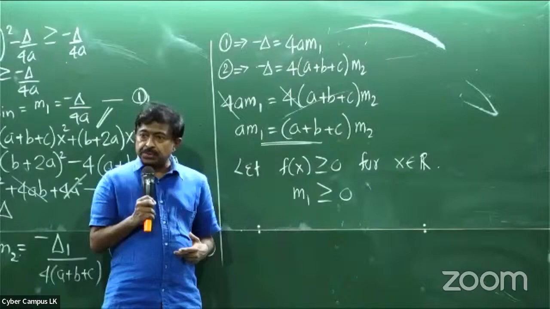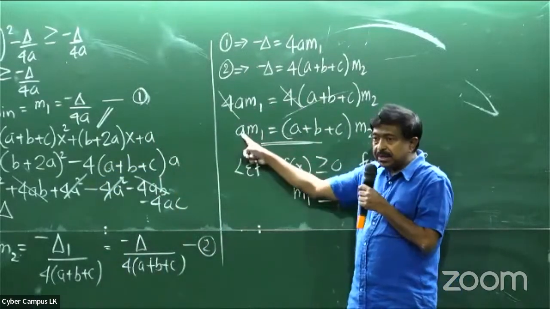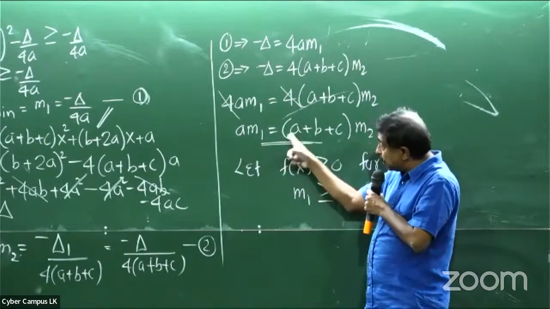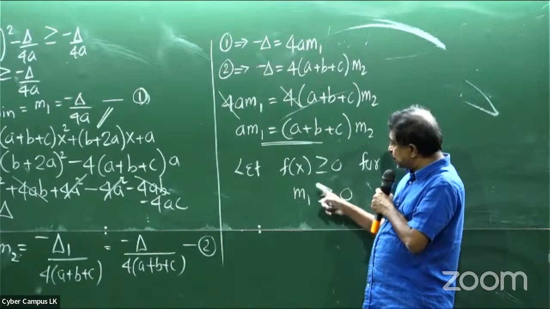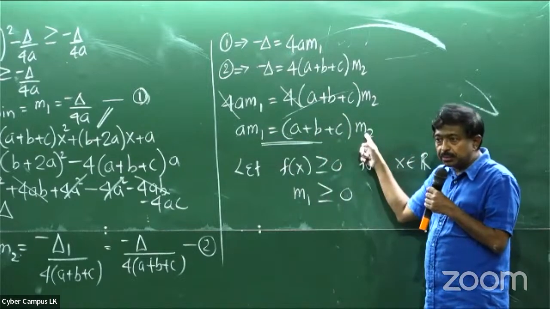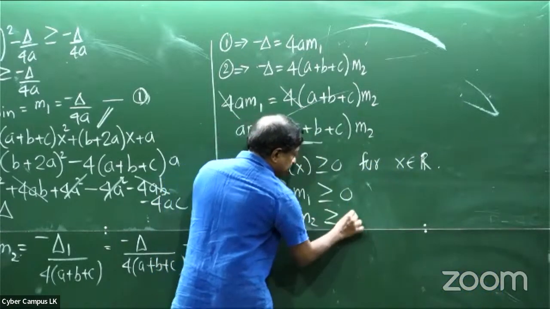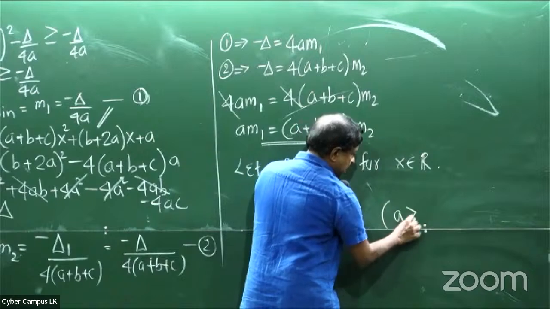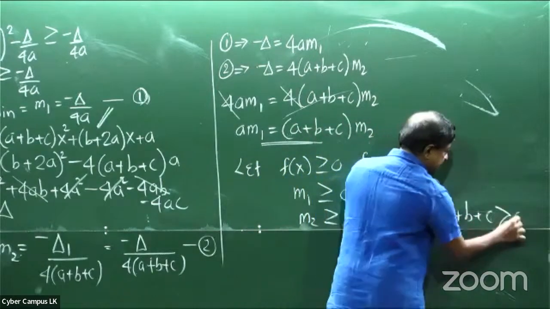M2 is also positive, because it's given in the problem that A is greater than 0. A plus B plus C is also greater than 0. If M1 is greater than or equal to 0, this cannot be negative. So M2 is also greater than or equal to 0. The reason is A is greater than 0, and A plus B plus C is greater than 0.